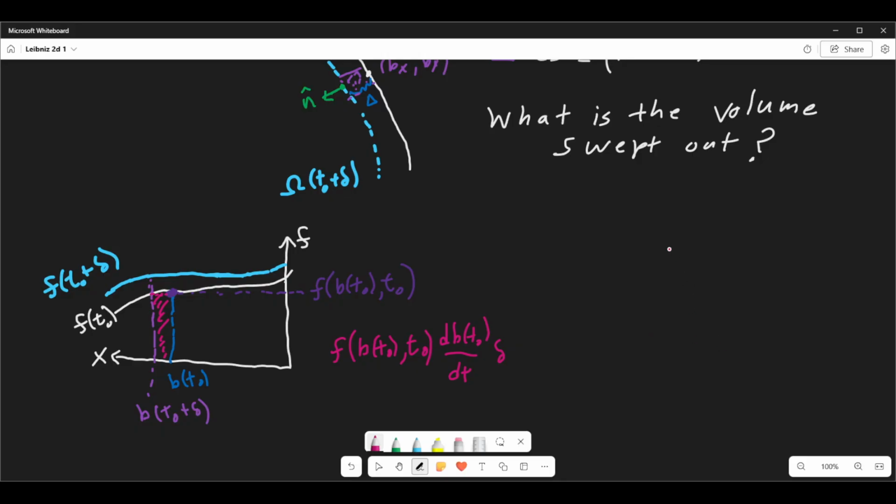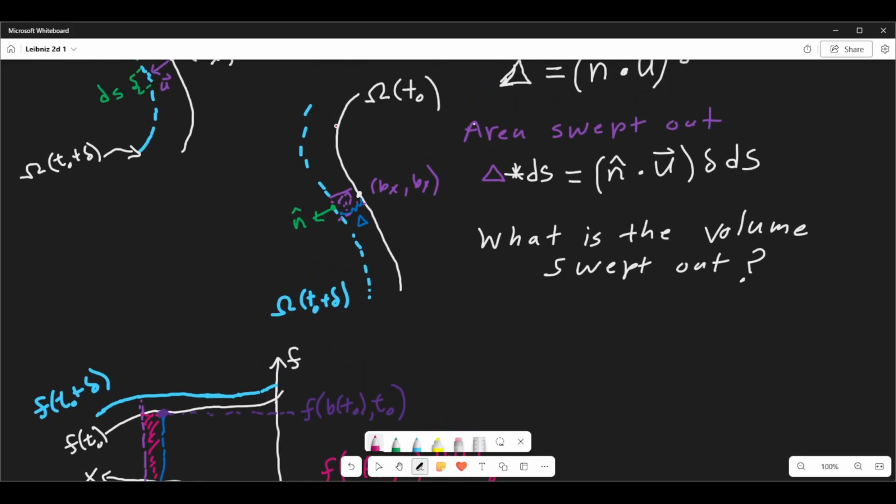So what happens in the 2D case is basically the same thing. It doesn't matter what the function is over here, it only matters what the function is at bx, by.